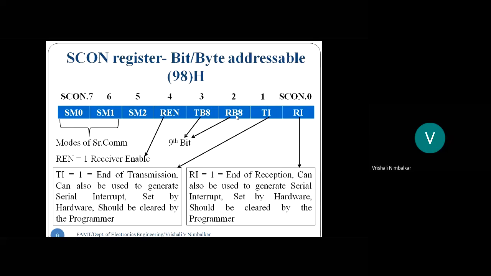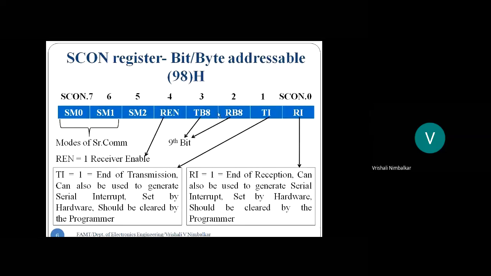Fine, students? Similarly, while transmitting 9 data bits, the 8 data bits we will be storing in SBUF, and the 9th data bit to be transmitted will be stored in TB8. So TB8 is the 9th data bit to be transmitted, RB8 is the 9th data bit to be received.